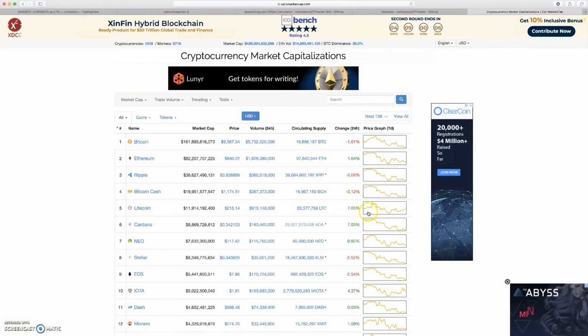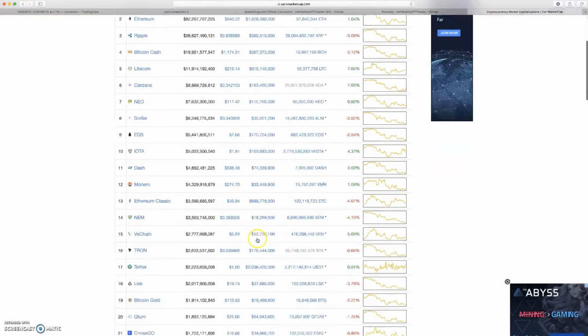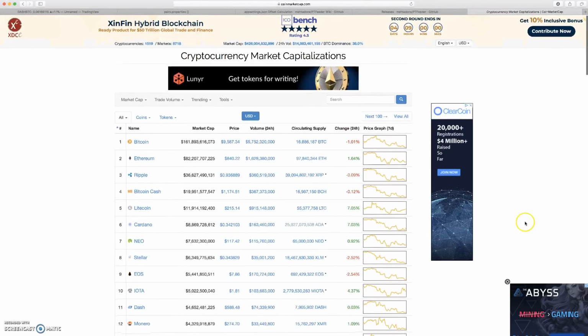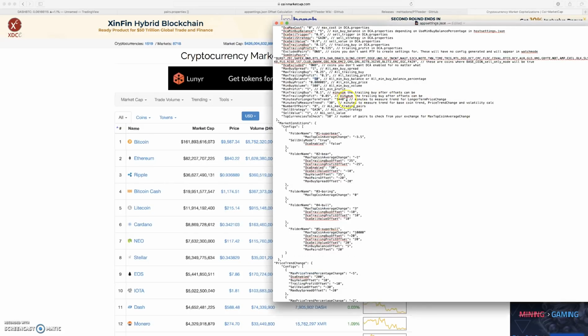If Bitcoin tanks, a lot of these altcoins, maybe not even on the first page but on subsequent pages, will tend to drop significantly more than Bitcoin. So you can hedge yourself in a negative market by having a lot of Bitcoin as well, because it tends to drop equal to or less than the other altcoins.